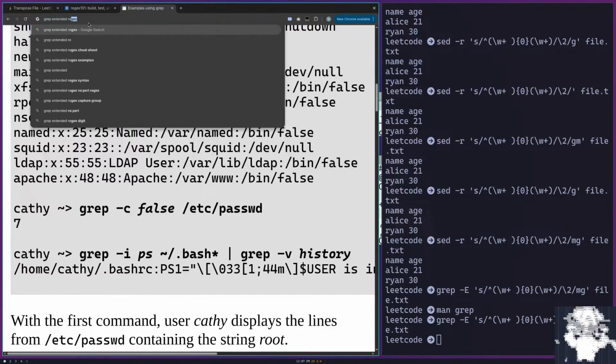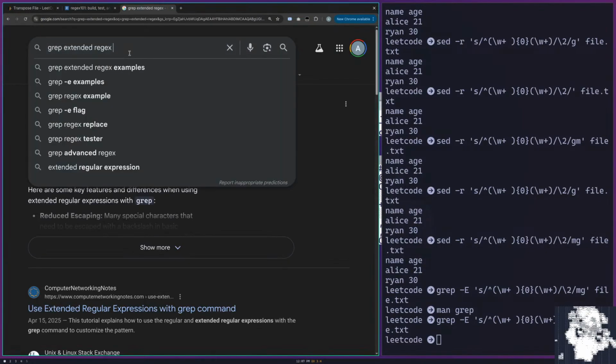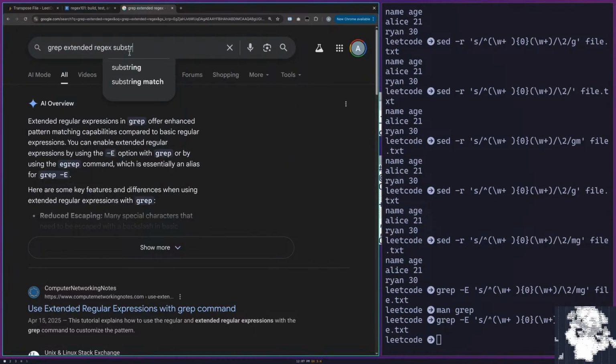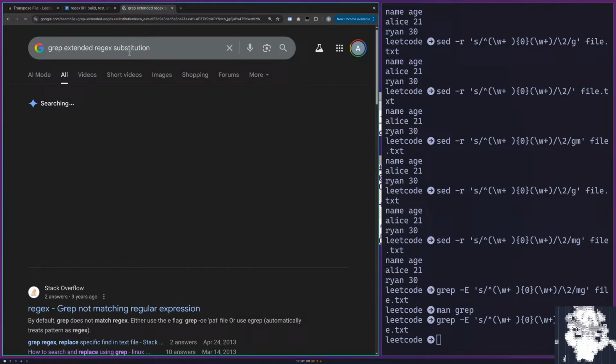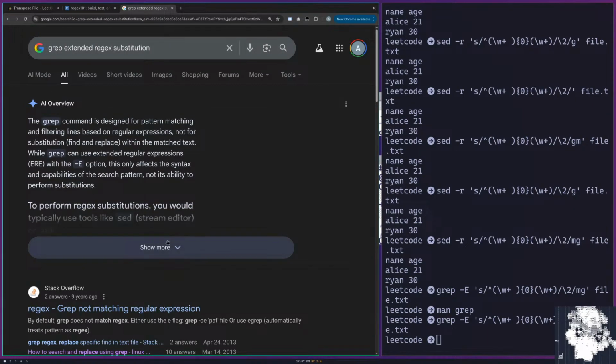Grep extended regex for substitution. It's not designed for substitution.